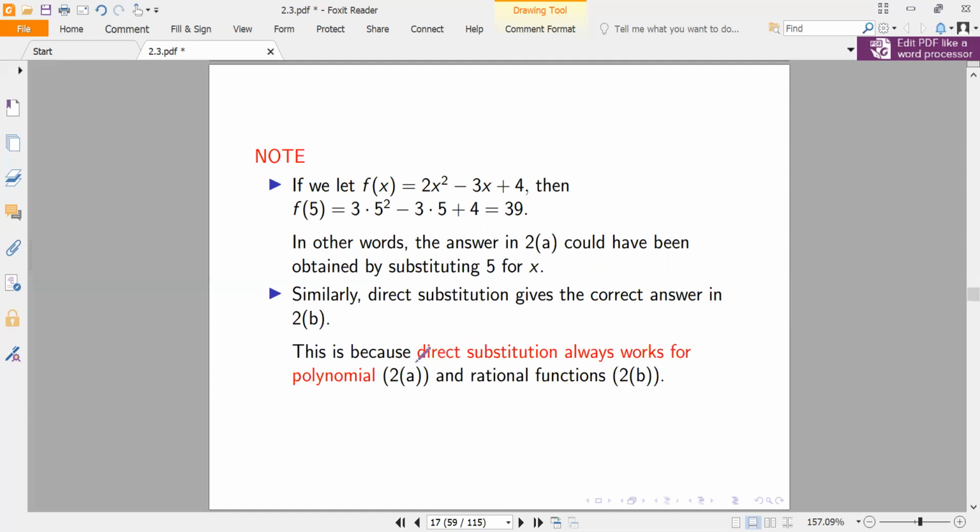And the reason for this is that direct substitution always works for polynomials. So again, if you're too lazy to go look up what a polynomial is, this is the time, because you can see that the word polynomial keeps coming up. In case you still don't understand, a polynomial is any function that follows this form.